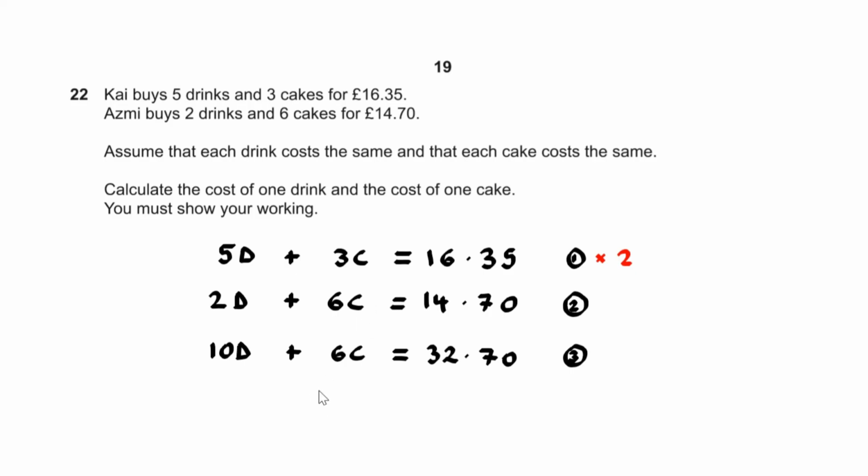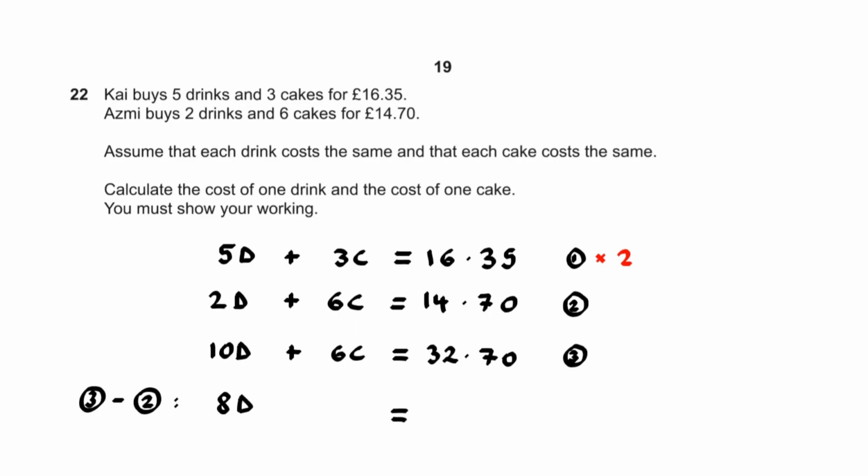What we need to do is find out what d is, and we can do that by subtracting equation 2 from equation 3. 10d subtract 2d is 8d.